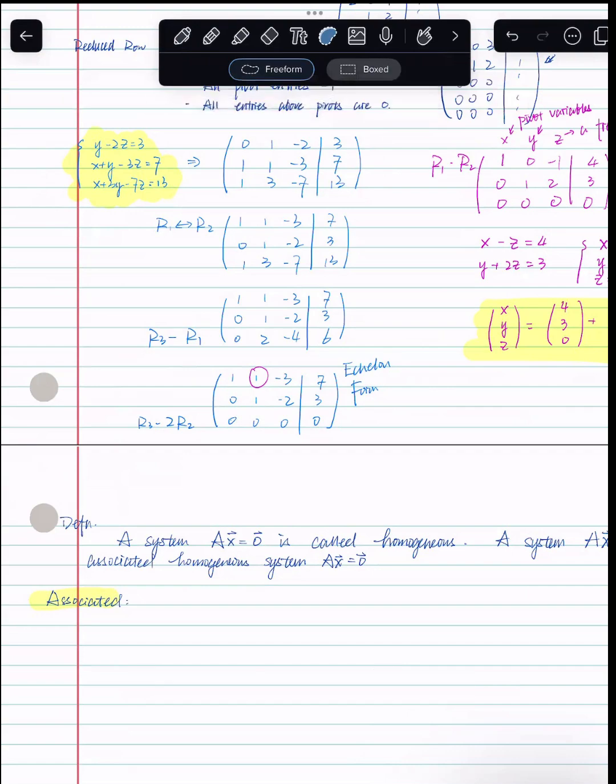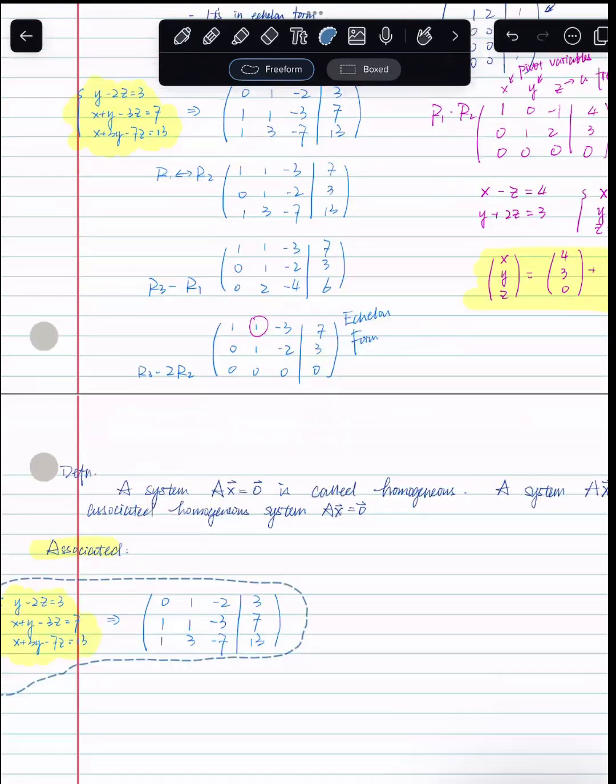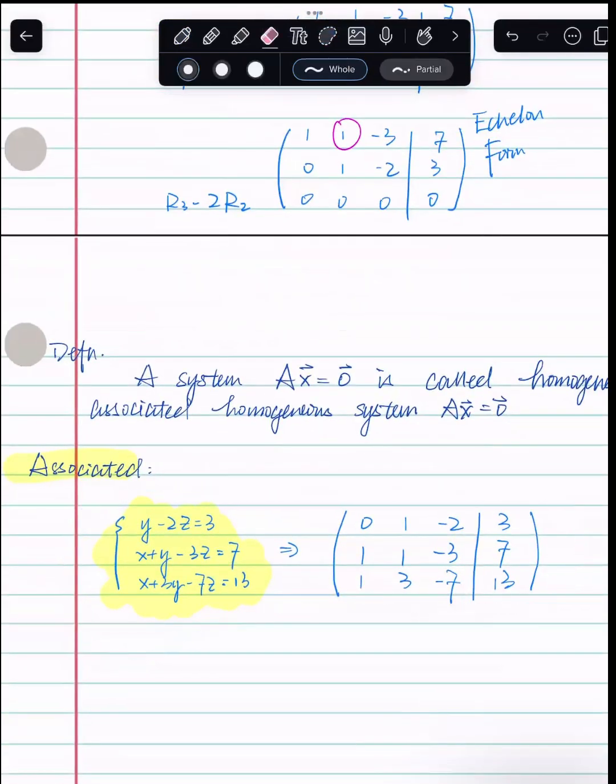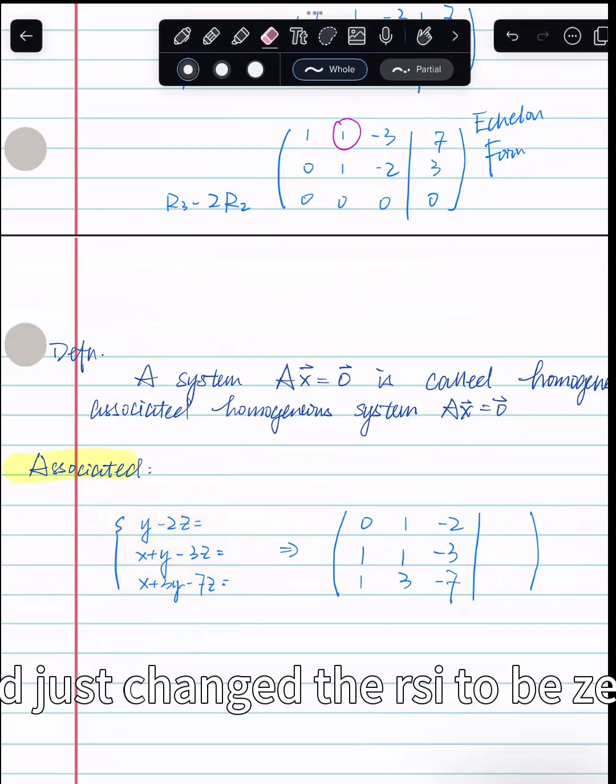Same equations, and just change the right side to be 0.